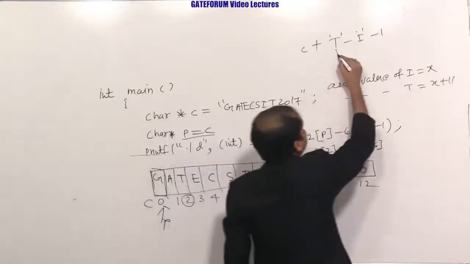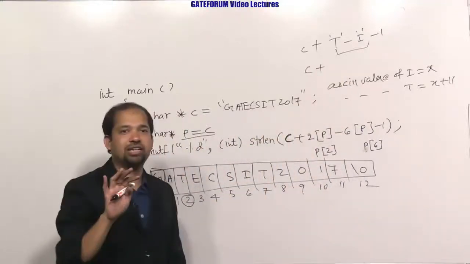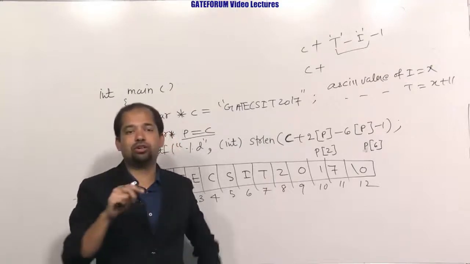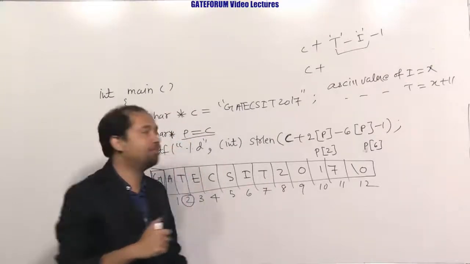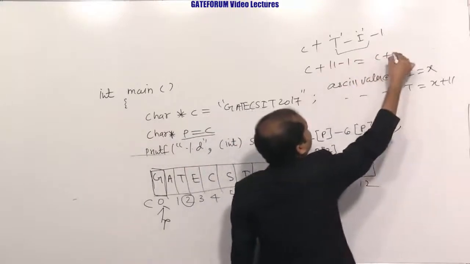The difference of two characters will give you the difference of their ASCII values, and that will be a number. So C plus 11 minus 1 will be equal to C plus 10.